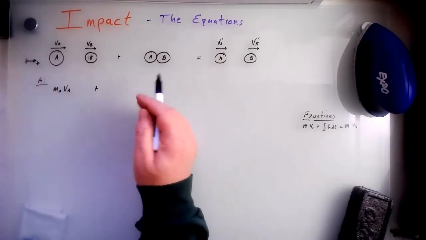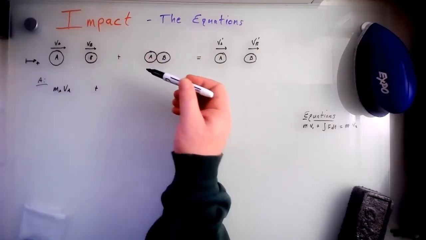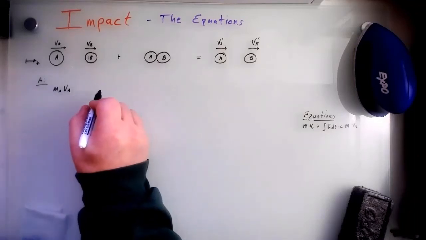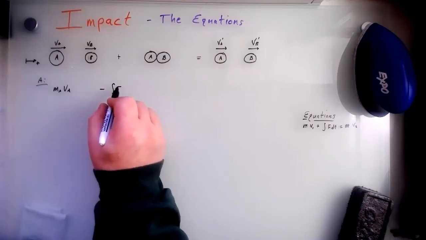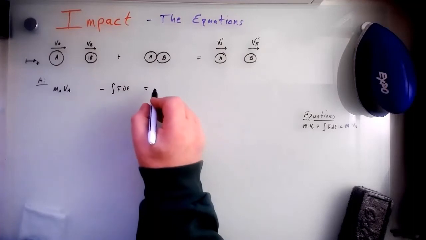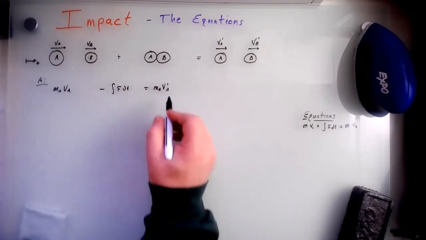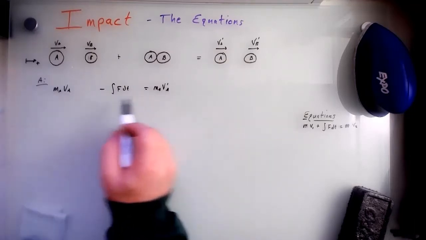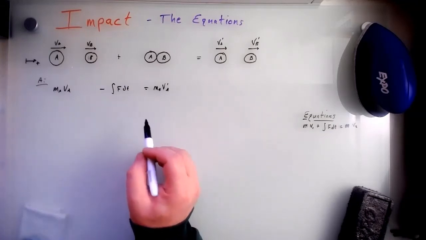From the point of view of particle A, the impact is actually going to slow it down, so this is a negative impulse. So minus F dt, and that's going to equal mA vA prime. Rather than the 1 and 2, let's call it the velocity after impact, prime.